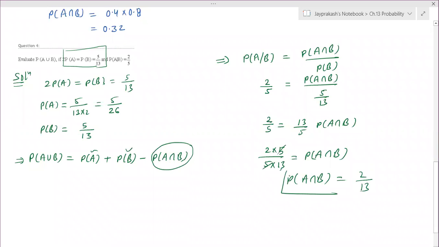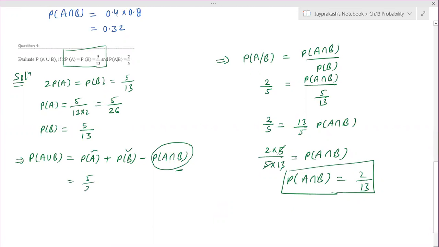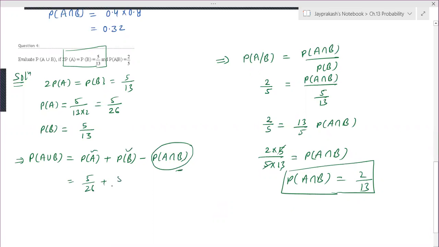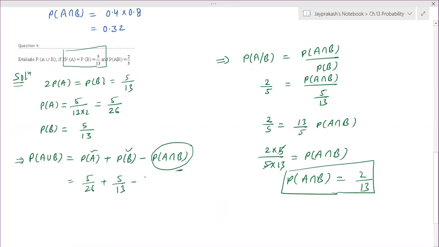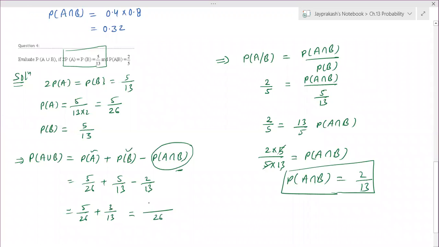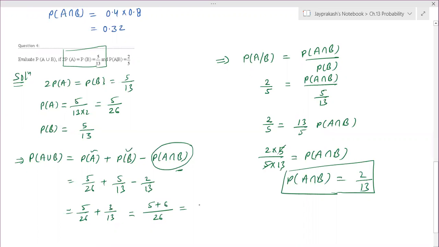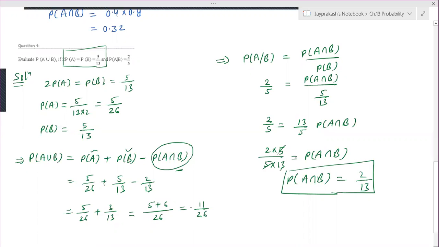So we can directly use P of A intersection B as 2 by 13 in this part. So P of A is 5 by 26, P of B is 5 by 13, and minus 2 by 13. So 5 by 26 and 3 by 13, which gives 11 upon 26. Okay, 5 plus 6, 11 by 26.